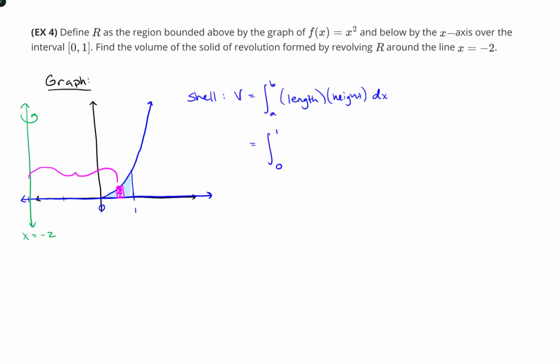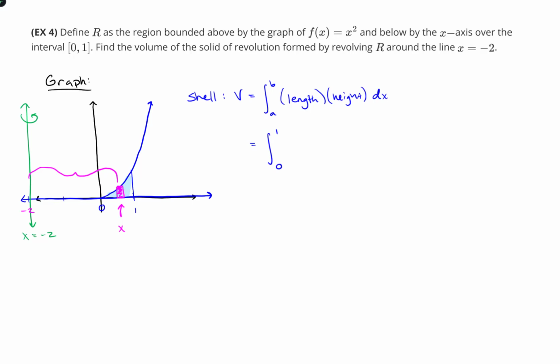What we're going to do is measure this distance just using linear distance, just horizontal linear distance here. And we need to take the most positive point, which is going to be whatever the x value is of this rectangle, and subtract the most negative point, which is the constant -2.